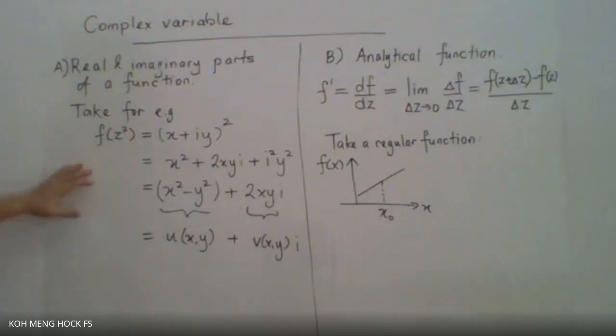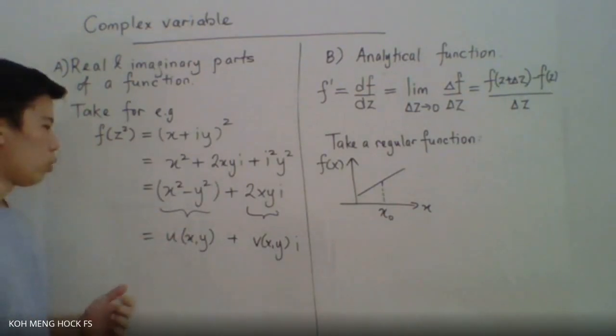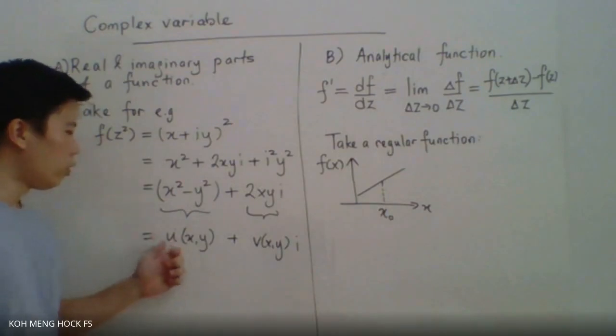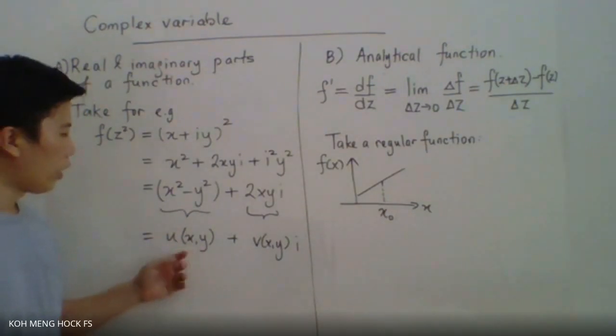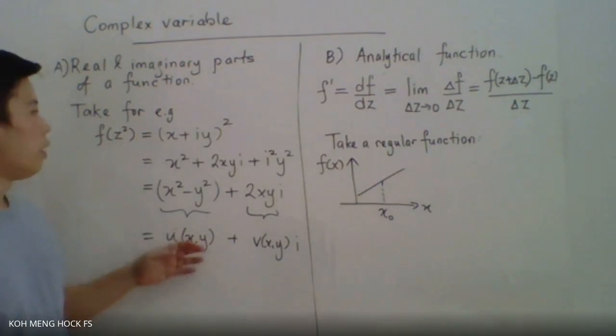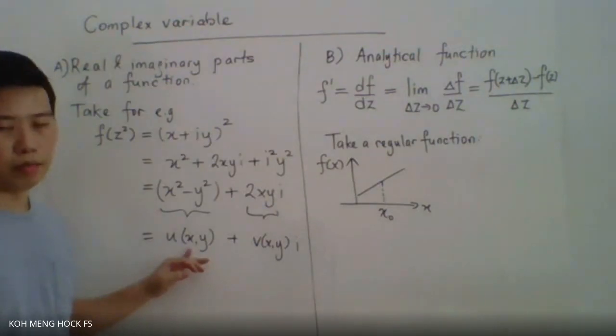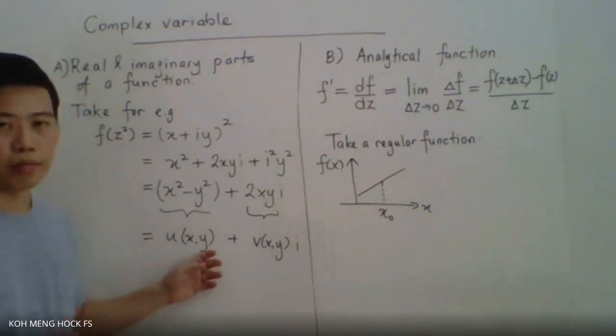The whole point is to now say that x squared minus y squared is another function which we call u, and u is dependent on x and y. So x and y are real numbers.